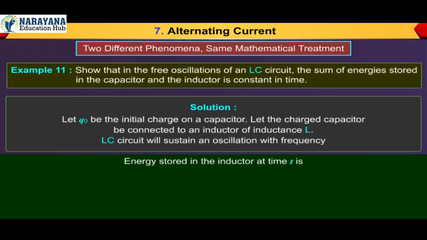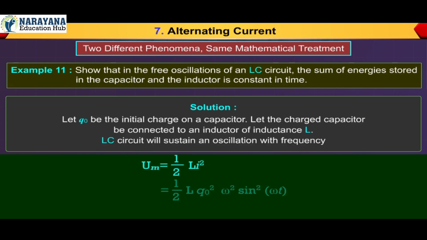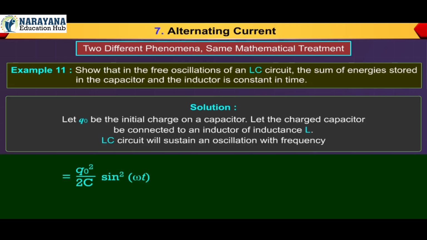Energy stored in the inductor at time t is UM = 1/2 Li² = 1/2 L Q0² ω² sin² ωt = Q0²/2C sin² ωt, because ω = 1/√(LC).